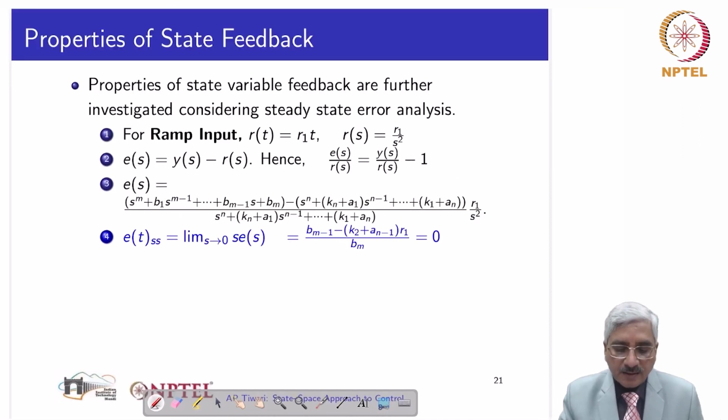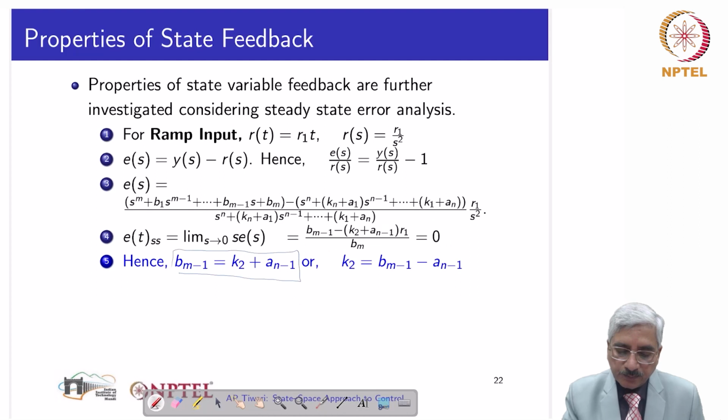And at t tending to infinity, the steady state value of e(t) will be obtained as limit s tending to 0 of sE(s). This one has cancelled, we saw. And if we do sE(s), then we get this relation. (Bm minus 1 minus K2 plus An minus 1) into R1 divided by Bm should be 0, or that will give this expression, and from that we get K2.